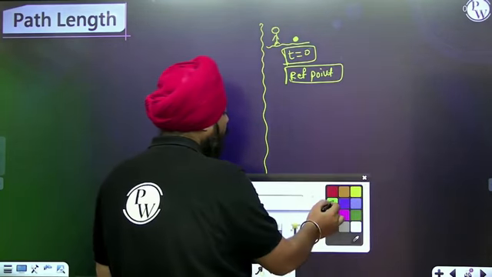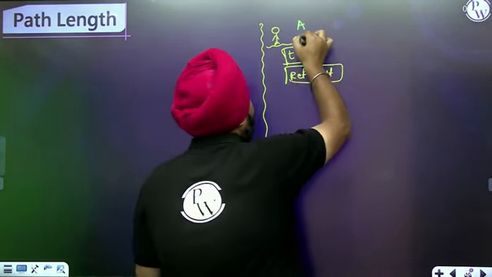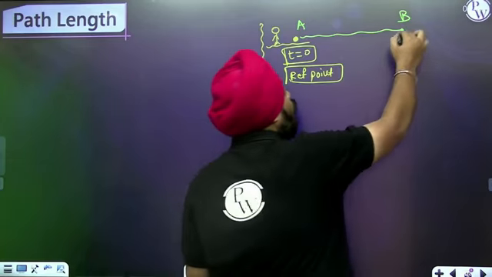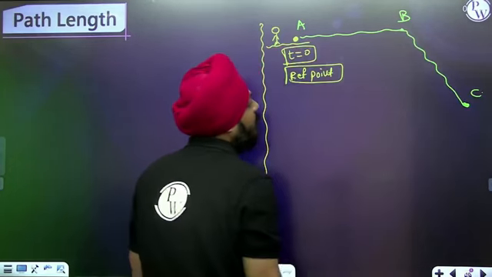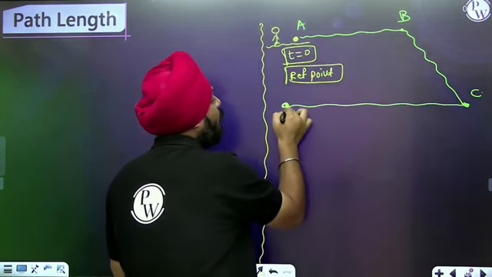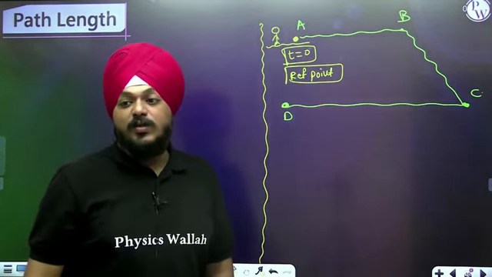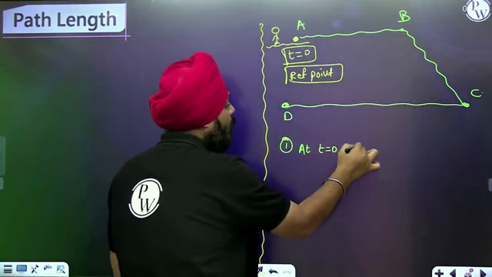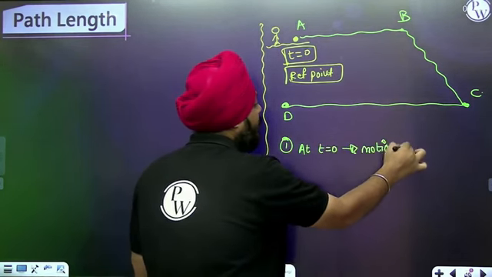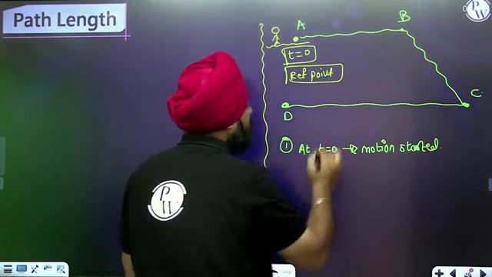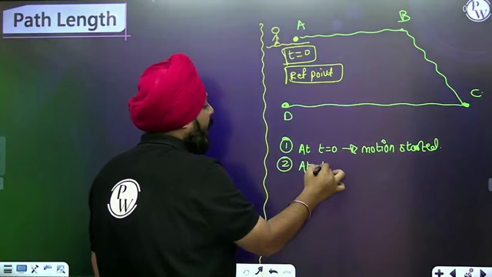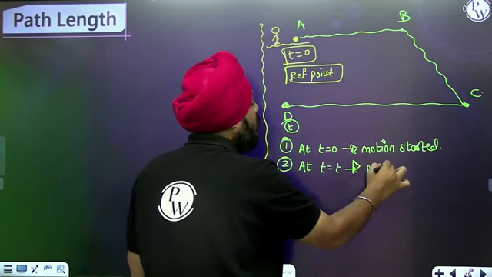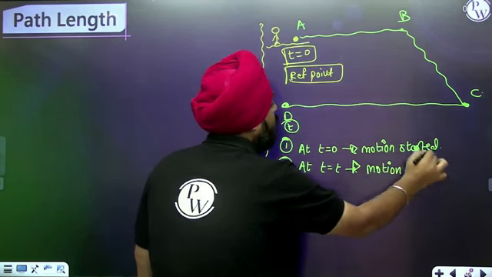Suppose he starts from A, reaches B, then moves on to C, then moves on to D. At t is equal to 0, motion started. At t is equal to t, motion ends.